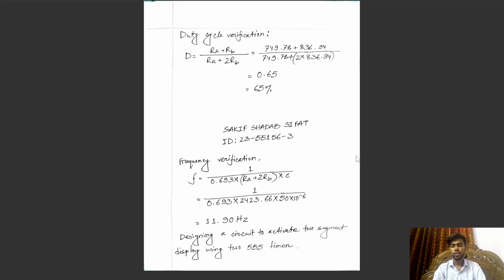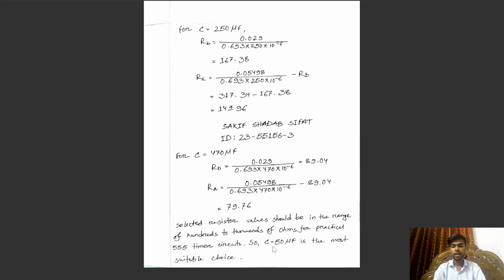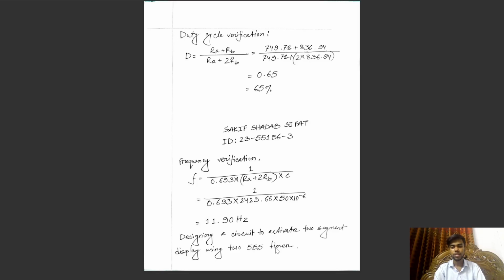Why we have taken 50 into 10 to the power minus 6, we have discussed here. We need the most suitable microfarad, which is 50 microfarad. So this is the frequency verification.